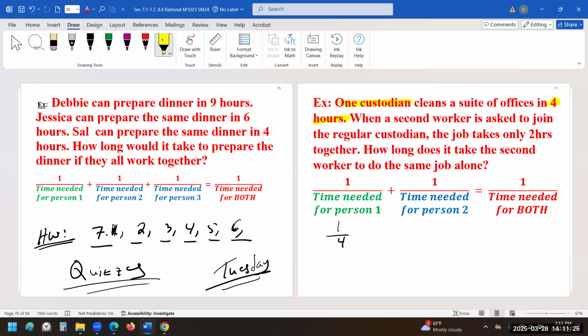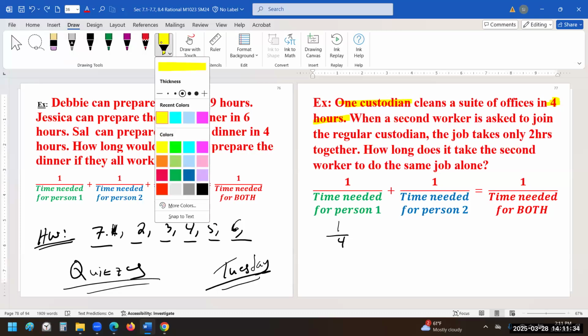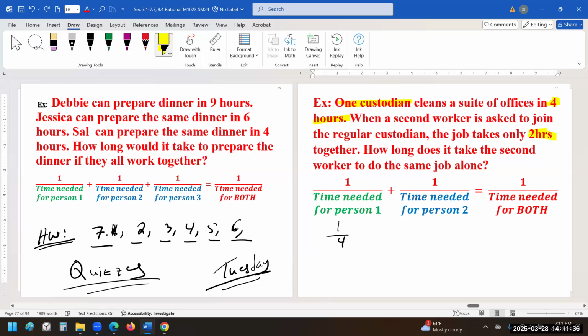Then suddenly they're saying that if a second person comes in, it takes 2 hours together. Would it be like 1/2 plus 2? Every time you have together, it has to be single on the other side.